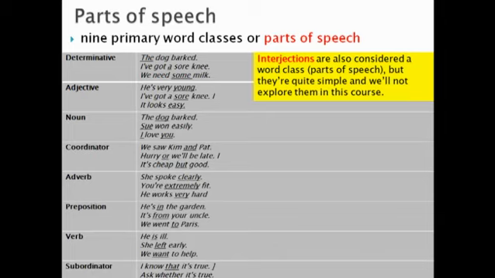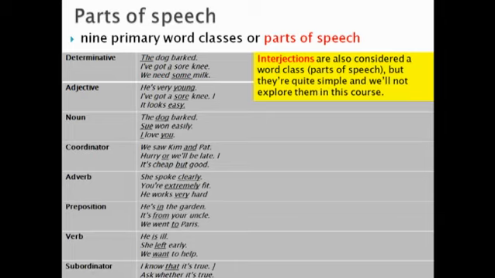They are the determinative: the, some, a, as in the dog barked, I've got a sore knee, we need some milk. The adjective: he's very young, I've got a sore knee, it looks easy.